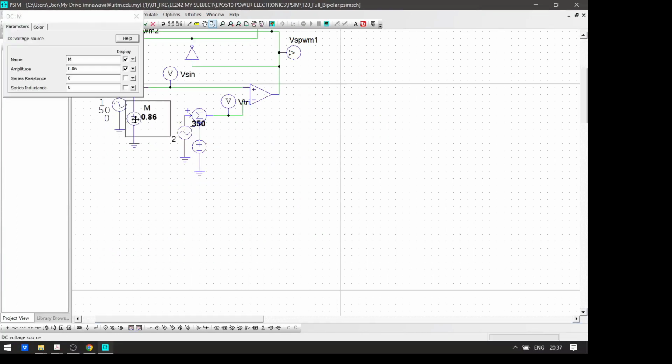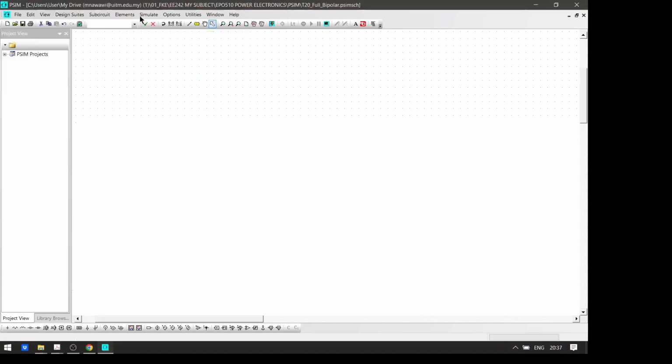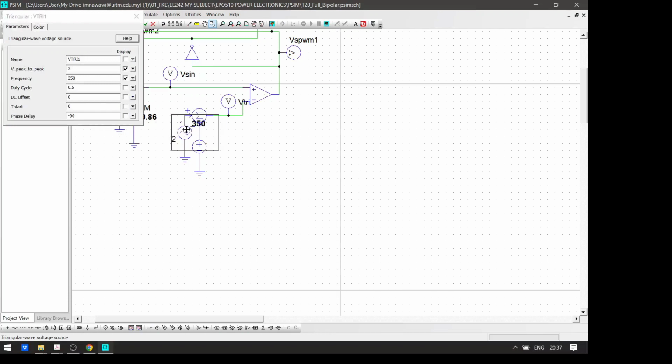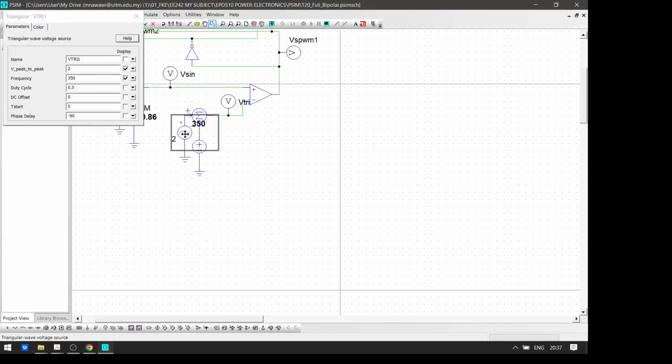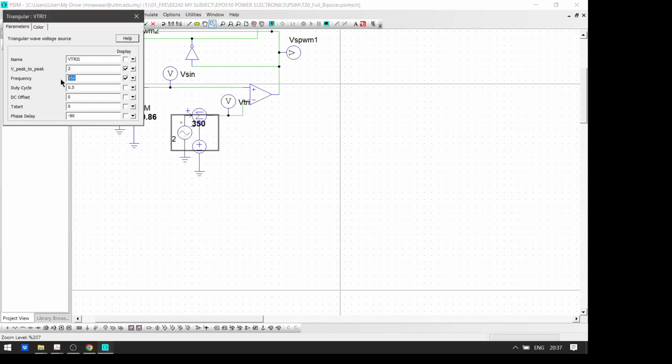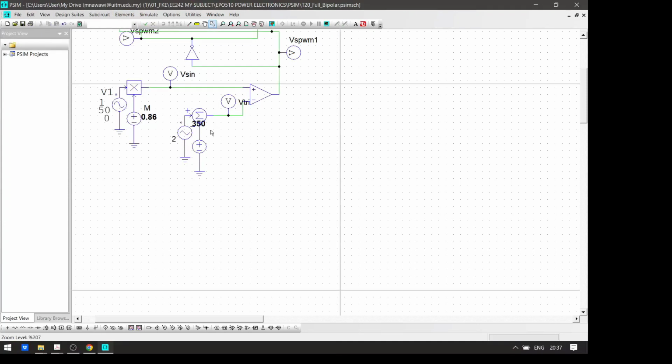This is the modulating signal amplitude 0.86, and the amplitude of the triangular carrier signal will be 1, and the frequency 7 times faster, isn't it? So the frequency is 7 times 50, which gives you 350 hertz. Okay, so you compare that.